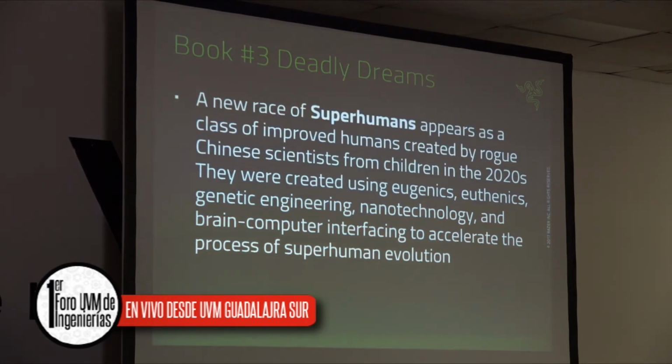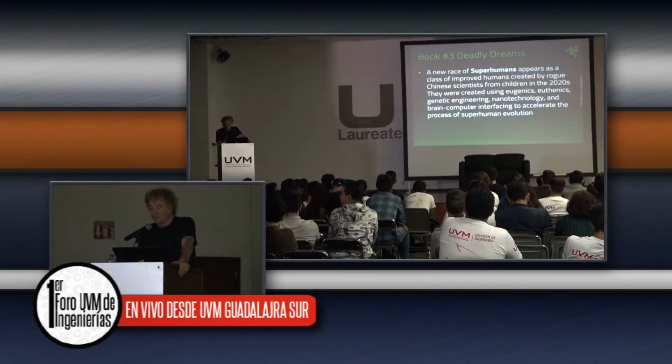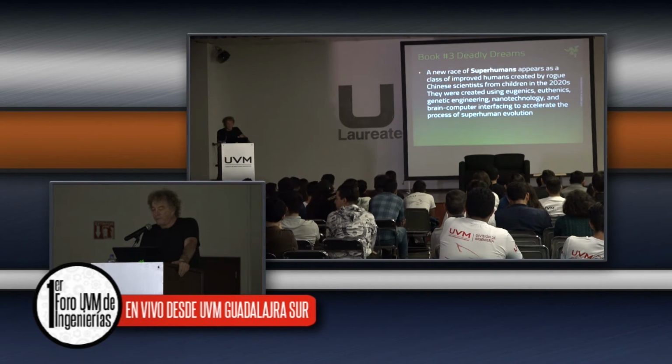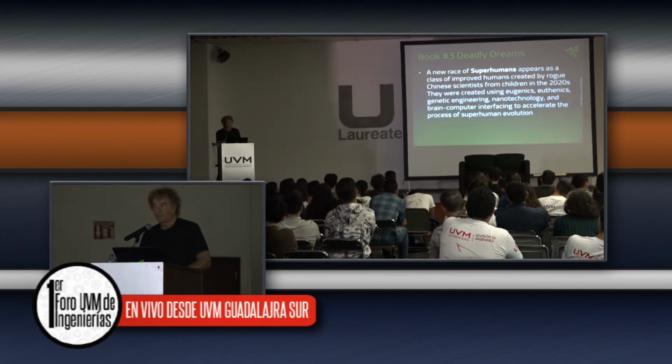Okay, I know it's crazy, but it's actually happening. So like I said before, I take crazy science and I project it into the future. These superhumans are created using eugenics, euthenics, genetic engineering, nanotechnology, and brain computing interfacing to accelerate the process of human evolution. It's pretty sick, but it's happening.